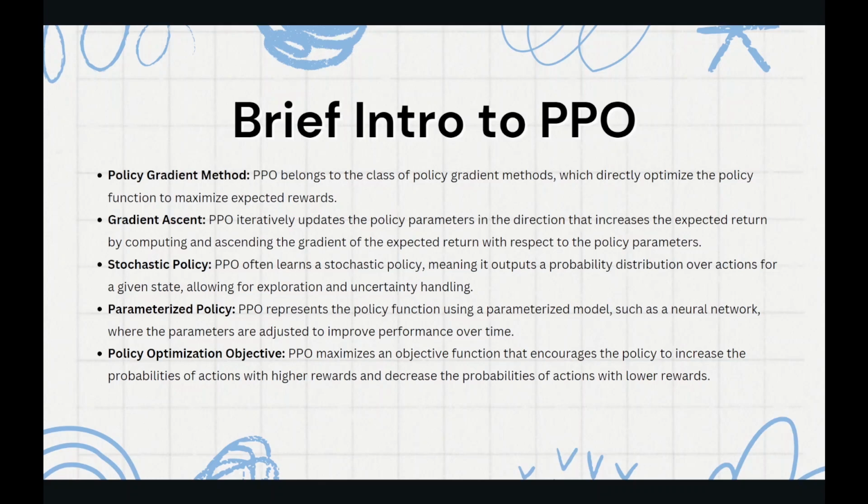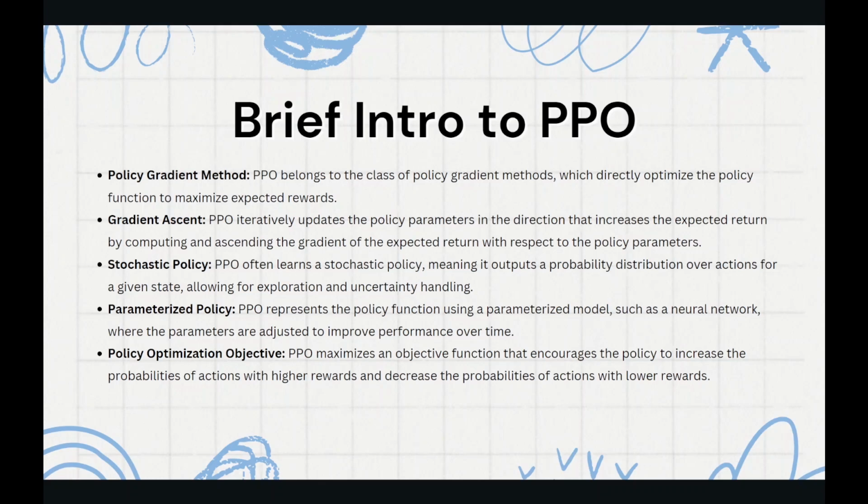In our case, PPO represents the policy function as a parameterized policy in the form of a neural network, where the parameters are adjusted using gradient ascent to improve performance over time. Gradient ascent is an algorithm used to find the maximum of an objective function by ascending the gradient of the objective function with respect to policy parameters.